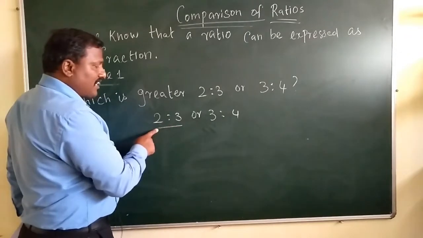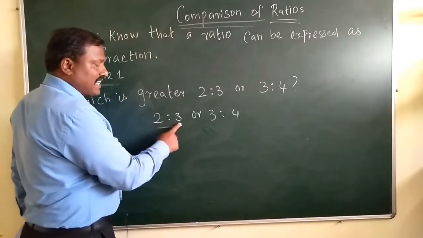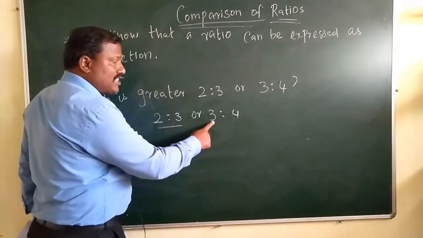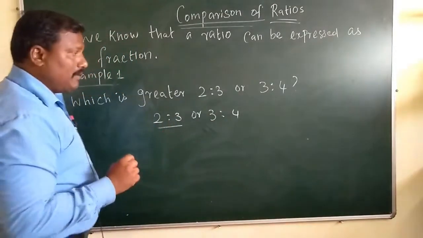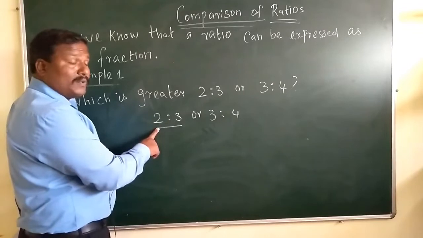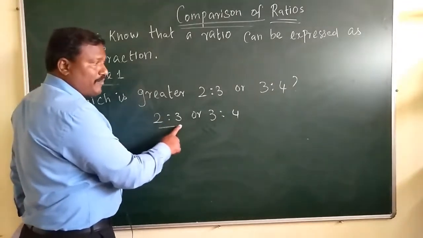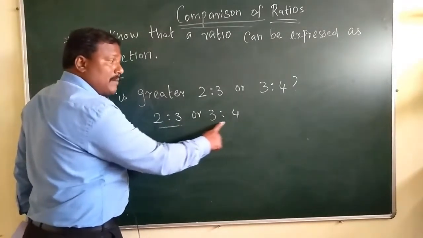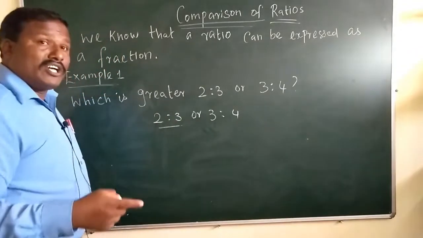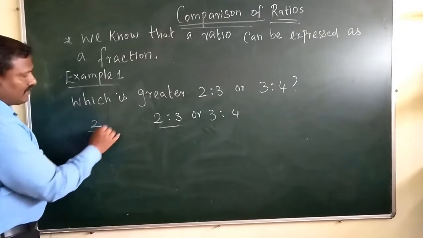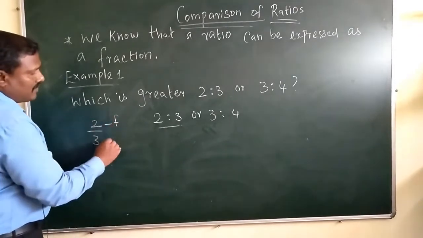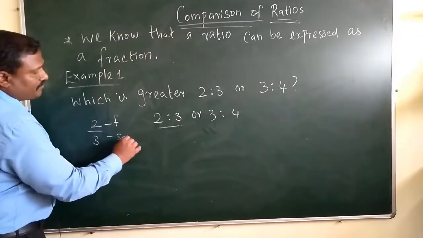This is the first ratio, with its first and second term. This is the second ratio, with its first and second term. Now listen carefully. In the previous video I told you we can say 2/3; we call the 2 the first term and the 3 the second term.